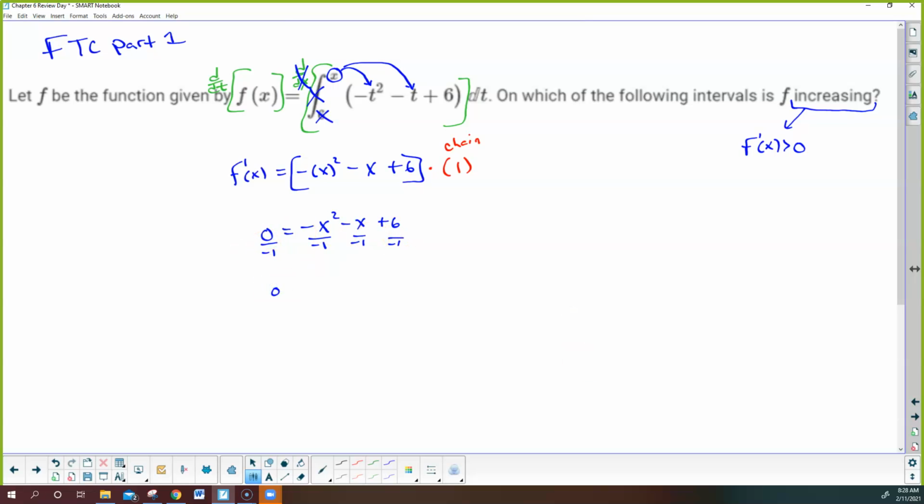So I'm going to divide everything by a negative 1. And now I'm looking for what are the factors of this. So we get a positive 3 and a minus 2. And then I can set those each equal to its own 0. Remember, these are the critical points that we found.